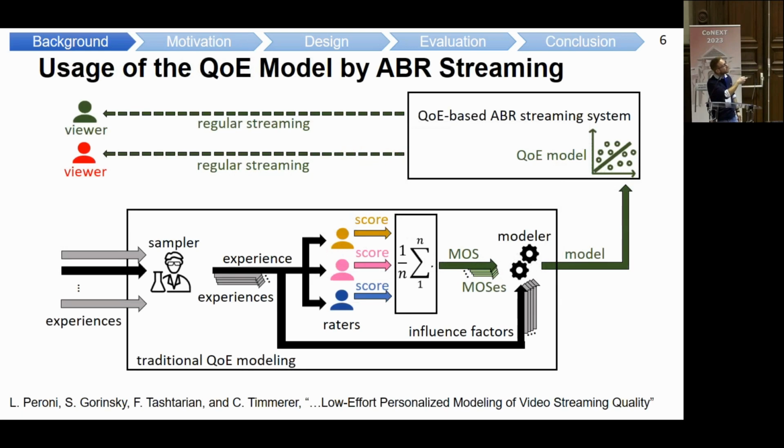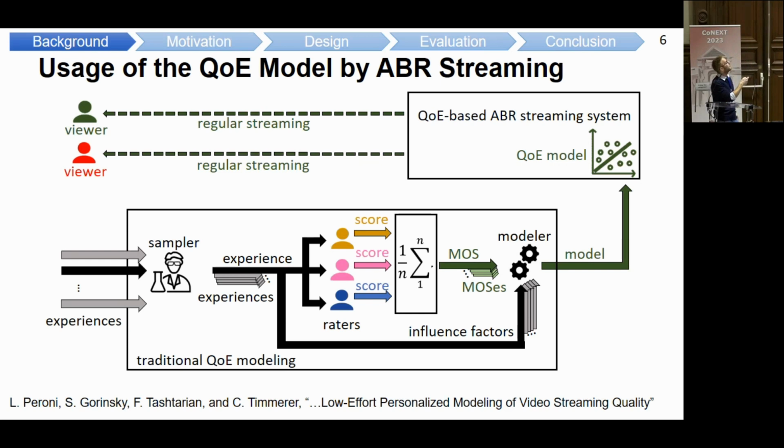Indeed, this model is then embedded inside an ABR streaming system. Famous examples of ABR streaming systems that use QoE models are MPC or Pensieve, which were also mentioned in the keynote talk. And then the videos are generated based on this QoE model, and they are watched by a lot of viewers. Now, what is important to notice here?